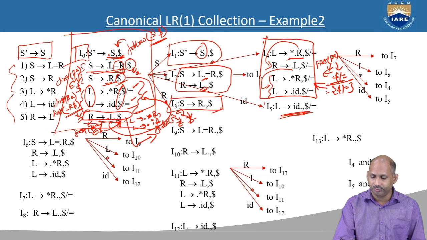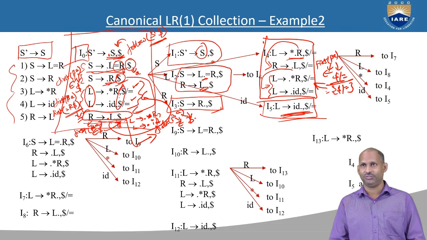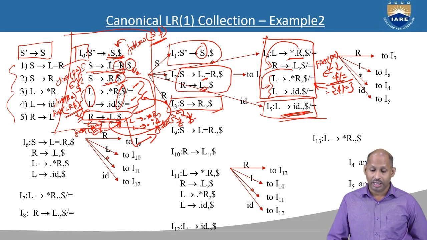So here, this is the hyphen. I0 group has 5 go-to operations on 3 variables and 2 terminals, resulting in this one. Now I1 has dot at the end, so no go-to operation.